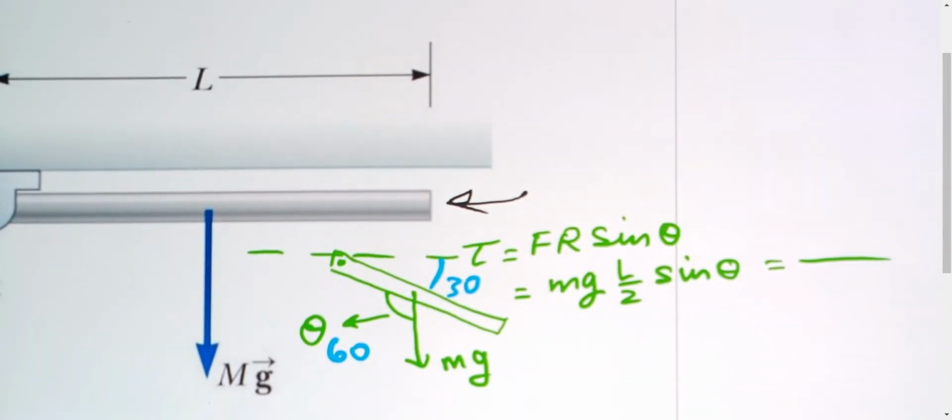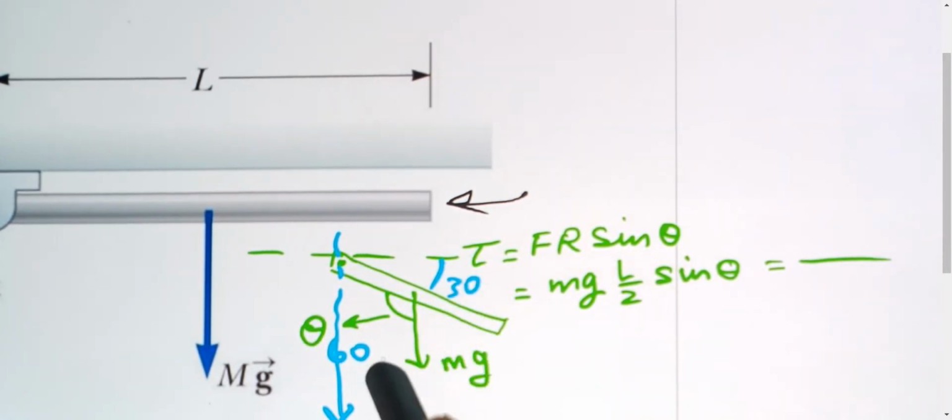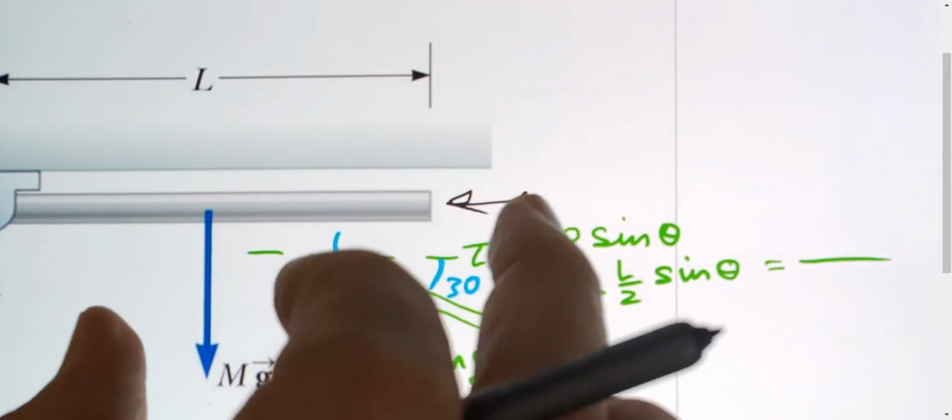What's the big deal? Always this is theta. Always we have sine theta. No big deal.